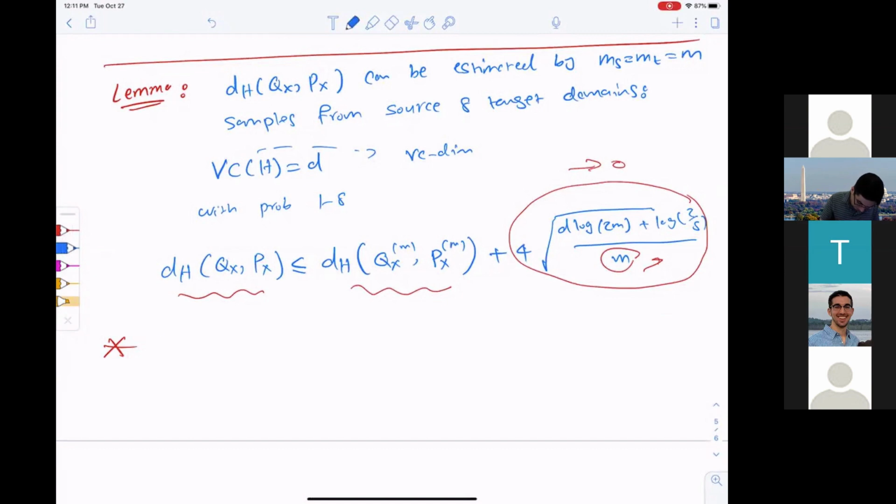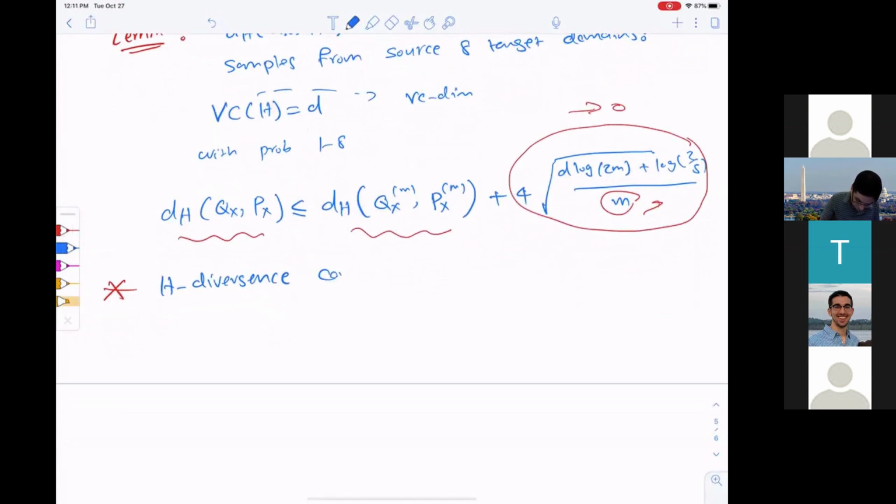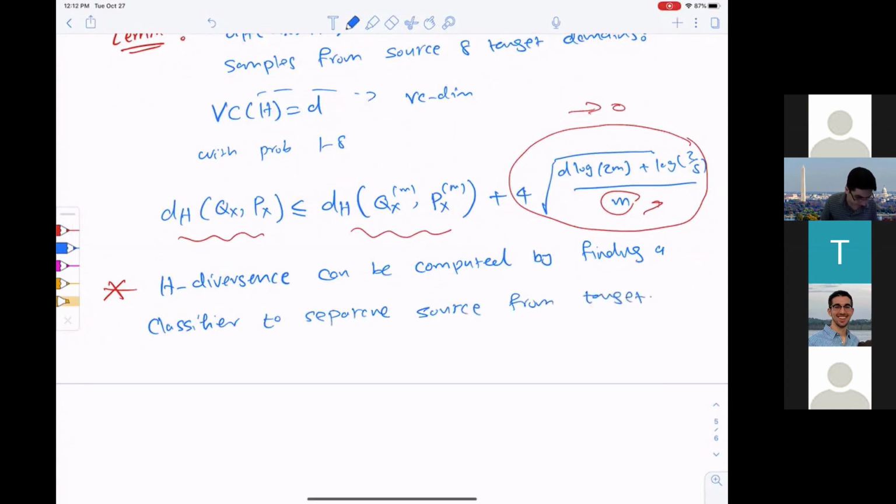In other words, the H divergence can be computed by finding a classifier to separate source from target.